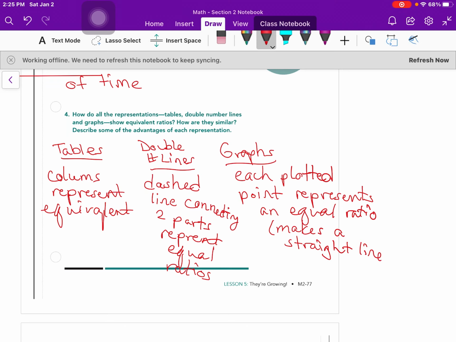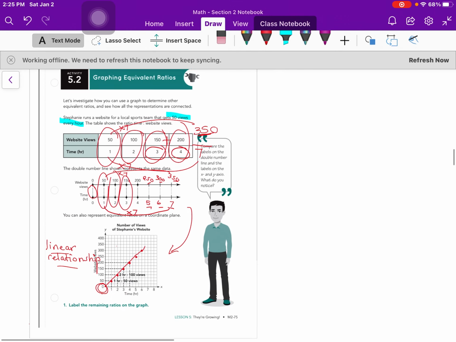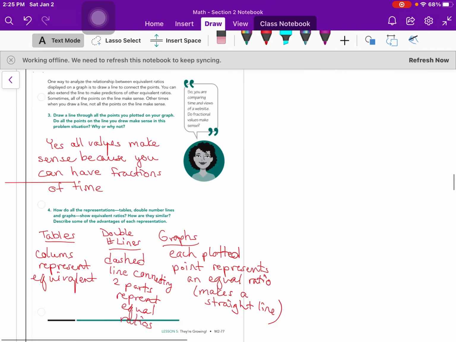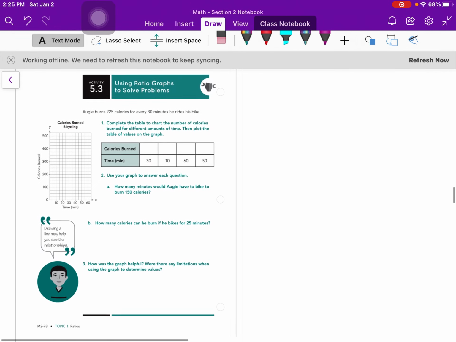And that goes through 0, right? So that's kind of my hint. Which one is easiest for you to see equivalent ratios? I don't know about you, but I kind of like the graph. It's very visual. You can see it right there. In the table, you have to figure it out a little bit. Maybe you like the double number line. It's really going to be up to each person which one they like the most.